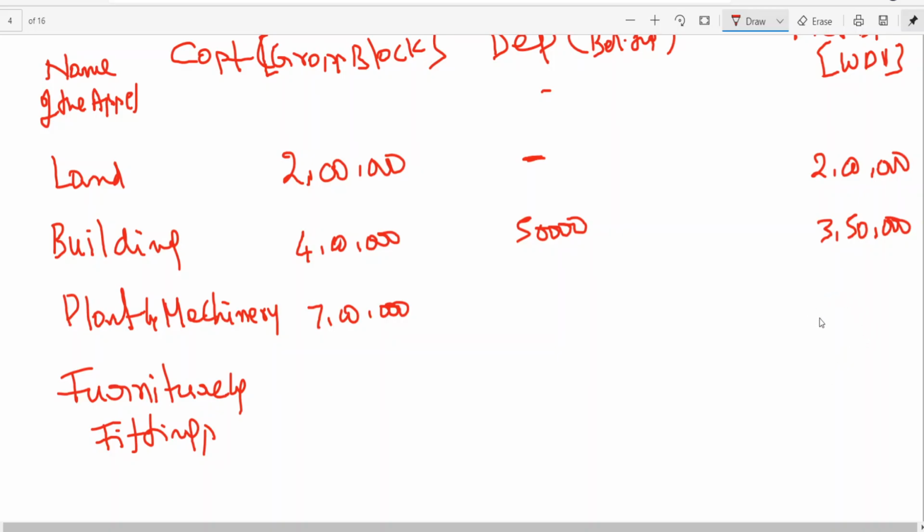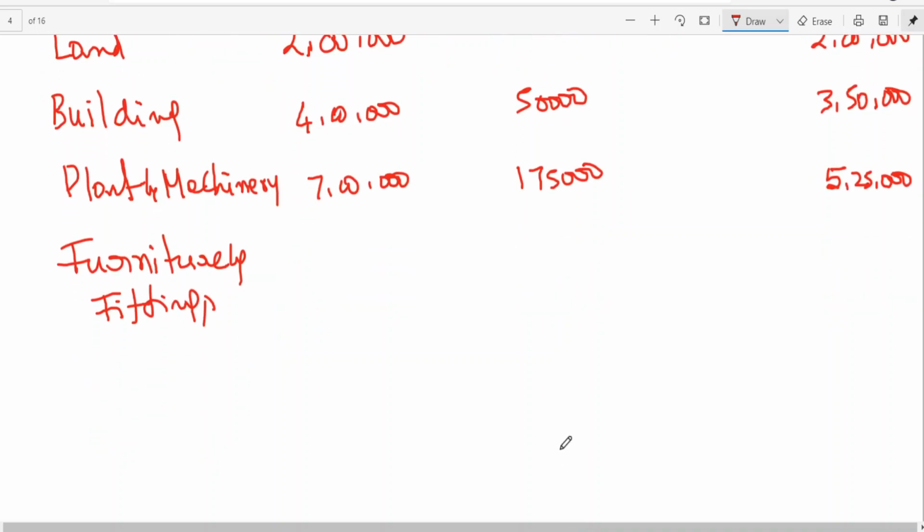And here we are having 5 lakhs 25,000 written down value. Difference is 1 lakh 75,000. So that becomes your depreciation.